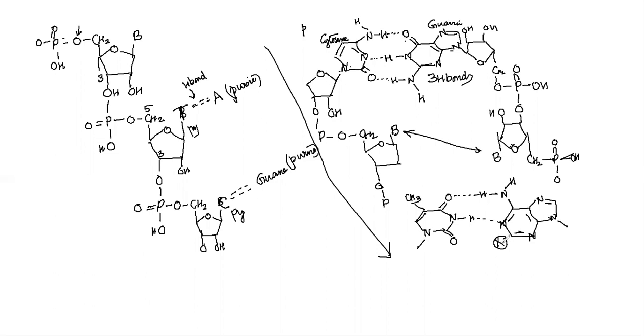And compare that with guanine. Guanine has one oxygen, one nitrogen, and two nitrogen. And the two nitrogen contain the hydrogen, and that forms hydrogen bond. In this case, you have only two hydrogen bonds.